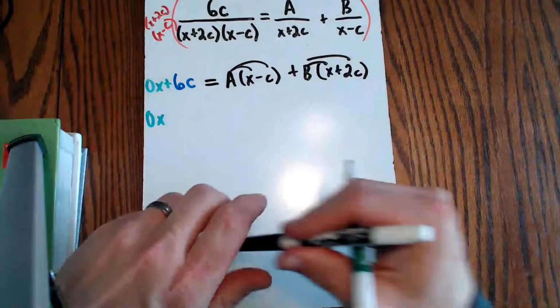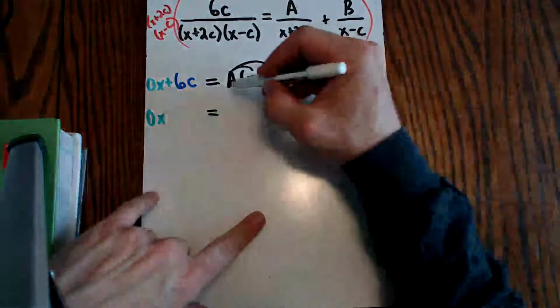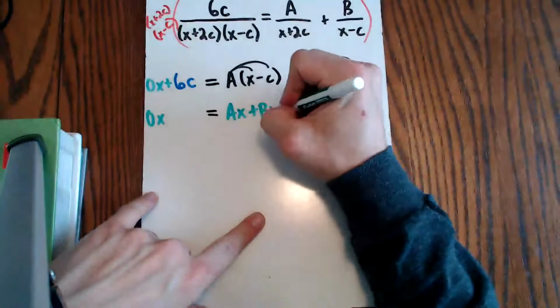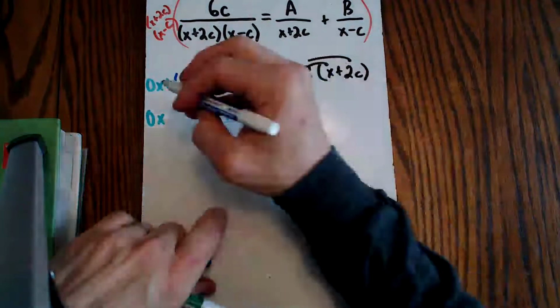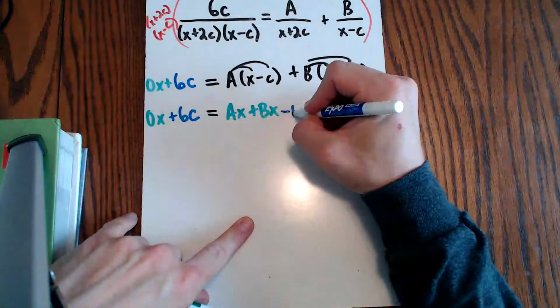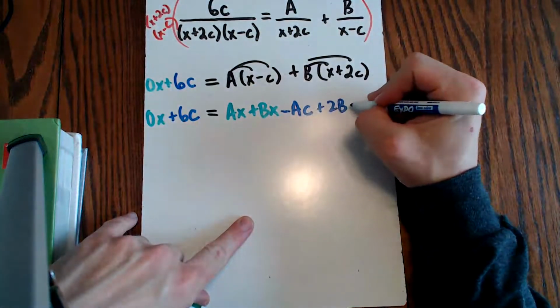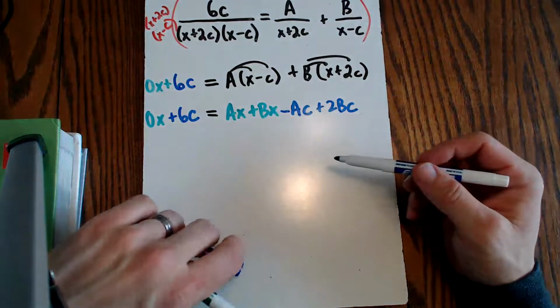Let's see what I've got on the right side, just from the x world. I've got ax plus bx. All right, and then on the left side, I've got 6c in the non-x world, and on the right side, I've got minus ac plus 2bc in the constant, the non-x world.